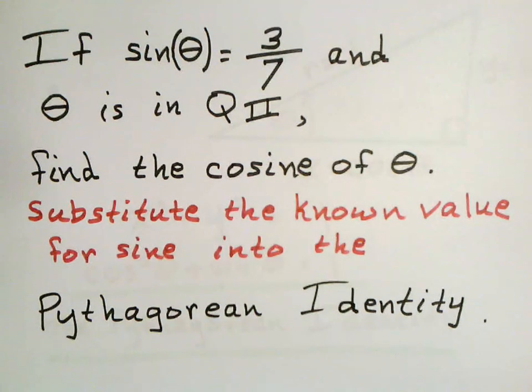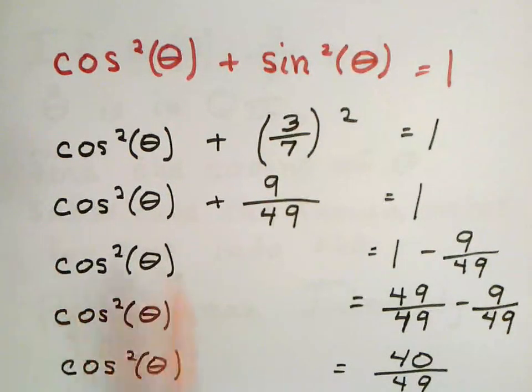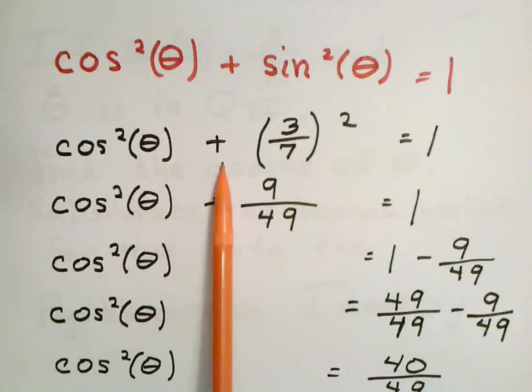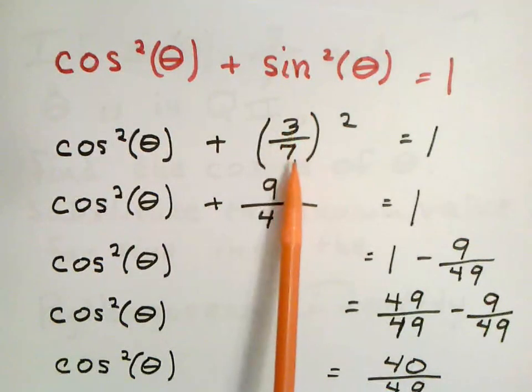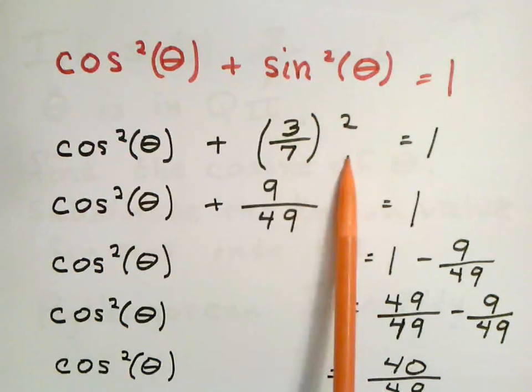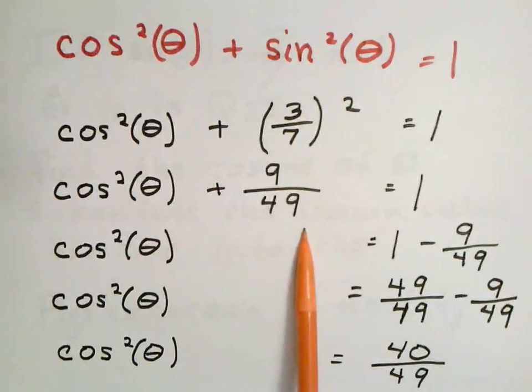So let's look at that. Here's our Pythagorean identity. And we have here cosine squared of theta plus 3 over 7 squared, because remember the sine of theta was 3 over 7, so we have to square it. And 3 squared is 9, 7 squared is 49.